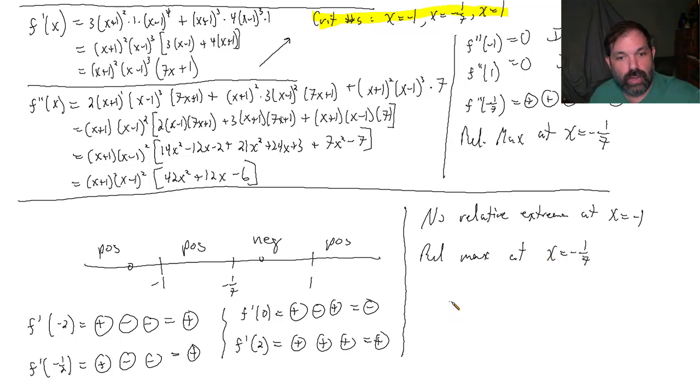And then the function was decreasing, then increasing, changing at x equals 1. We have a relative minimum at x equals 1. All right, so there's how we could use both of the tests. We do have to be careful applying the second derivative test. It doesn't work if the second derivative is 0 at that critical number. So if that doesn't work, then you have to rely on the first derivative test.